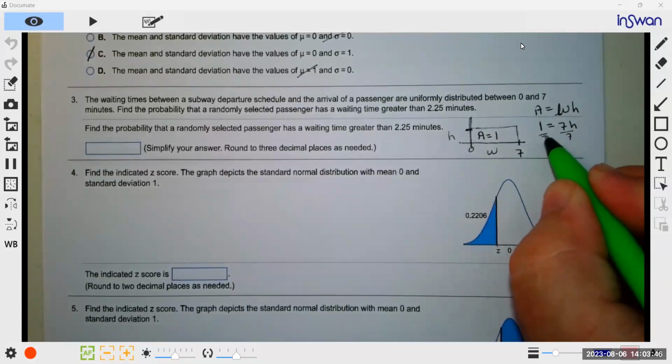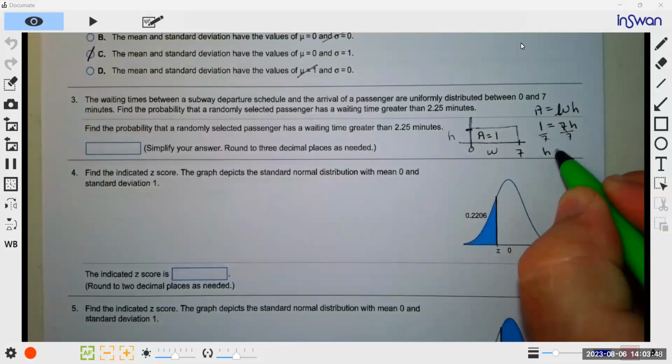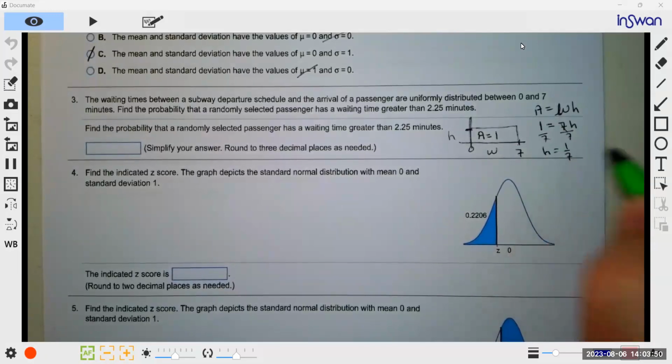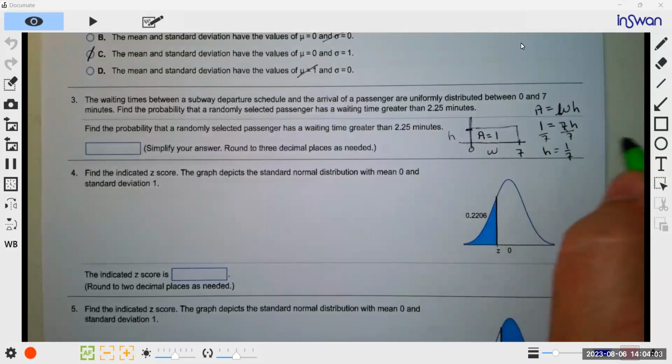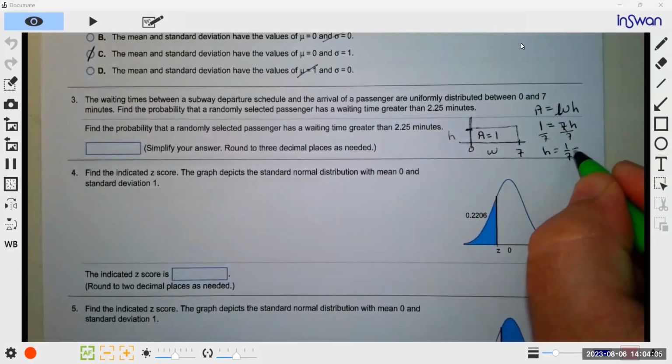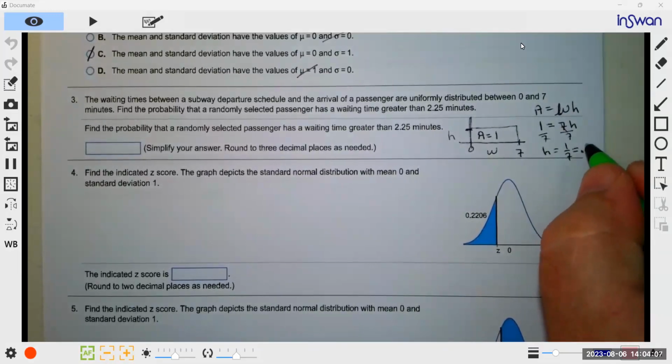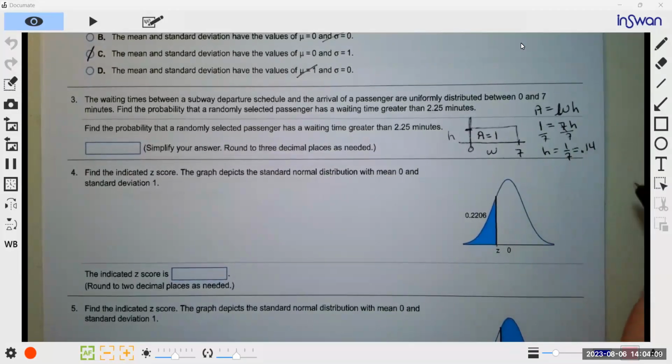So divide both sides by 7. So the height is 1 over 7, which is 0.1429 something. We just want 2 decimal places. So 0.14.